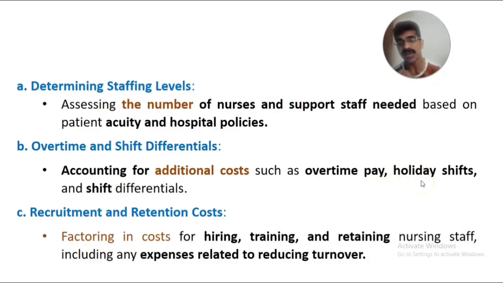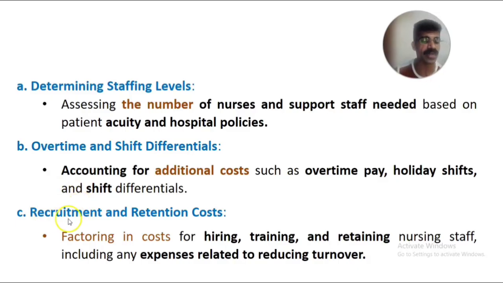Or if the staff is coming on a holiday as a reliever for another person, she has to be paid double for that particular day, that is the holiday shift. Or the shift differences: sometimes we make a long shift, like 12 hours, and the shift may change according to different situations. For that also there is additional cost that has to be found and accounted for, such as overtime pay, holiday shift and shift differentials.